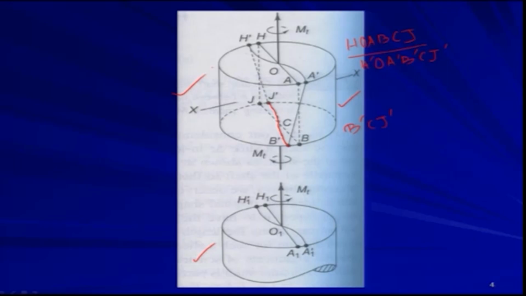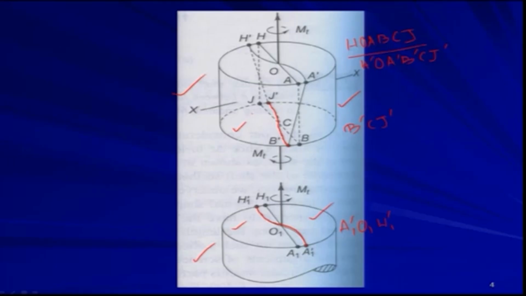If it behaves very similar to this segment, then of course on the top surface you will be getting this kind of deformed shape, A1 prime, O1, H1 prime, right. And this top surface will be connected or touching the bottom surface of this upper segment.